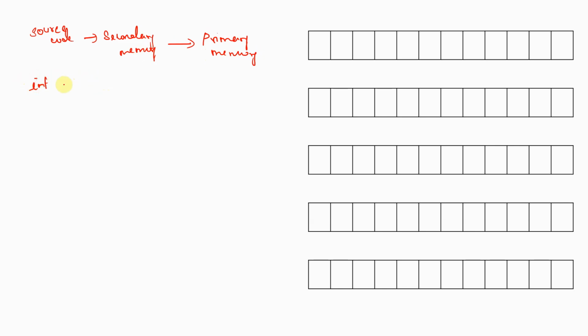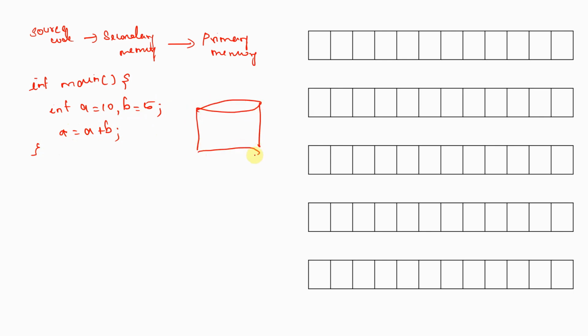I have a source code: int main, followed by two variables that I have declared, and I am doing the operation A equal to A plus B. This source code gets stored in the secondary memory.